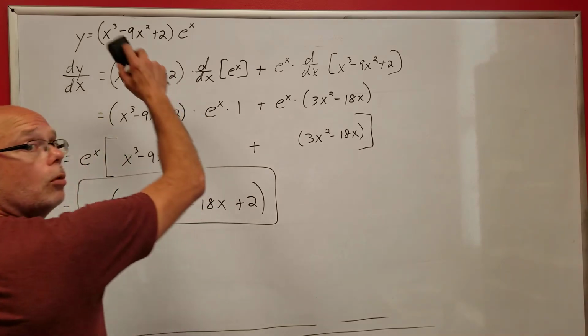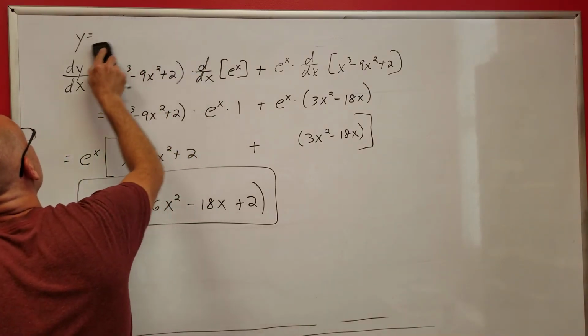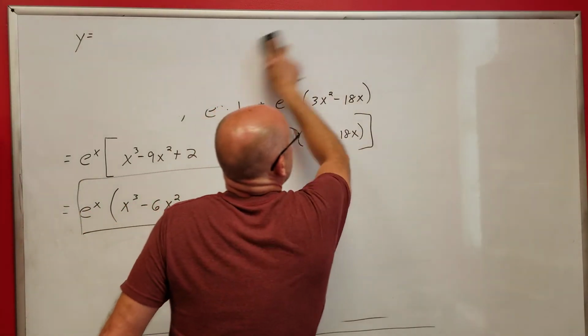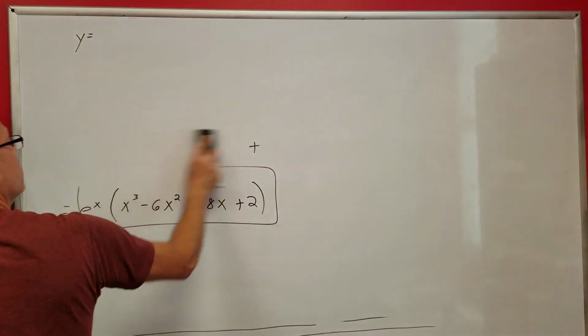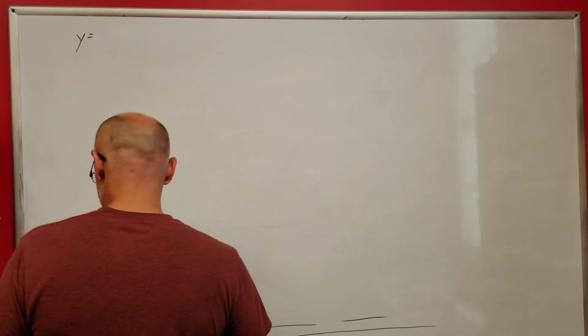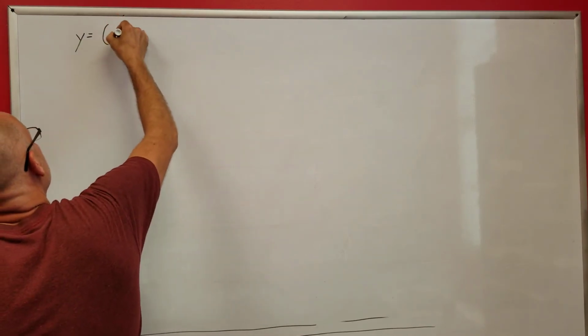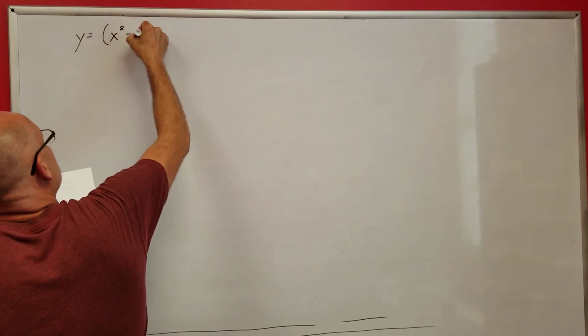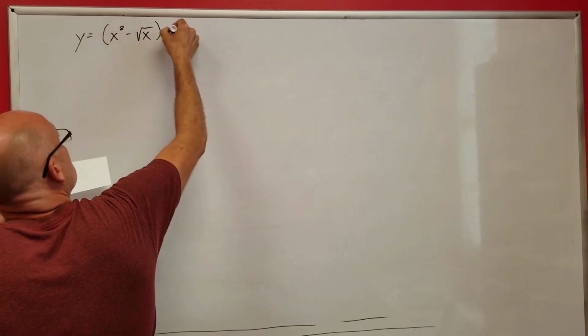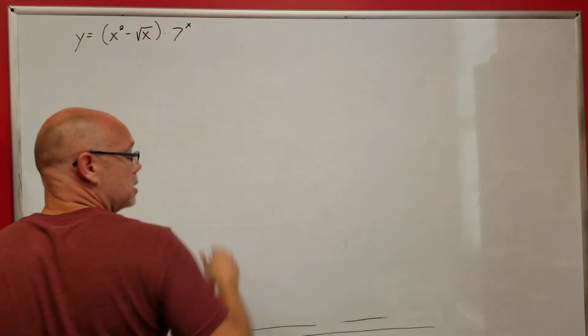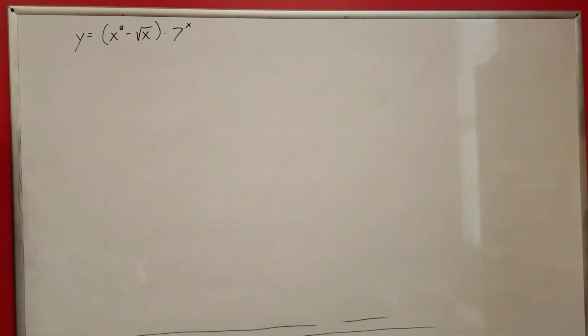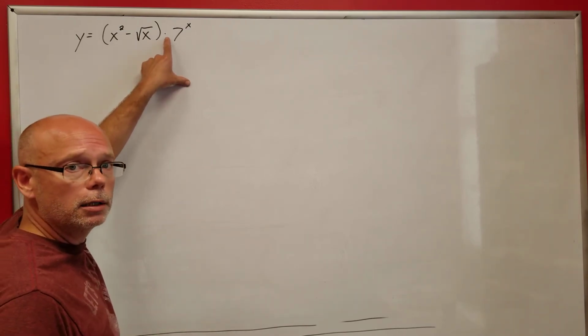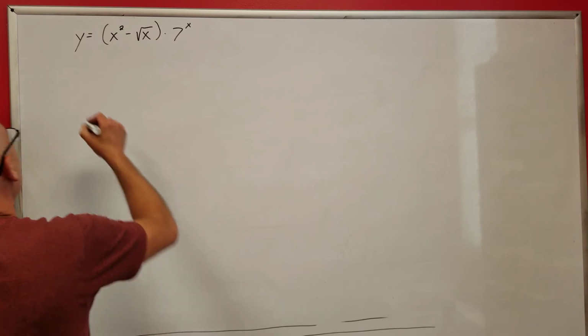And I want to look at one more here. All right, let's suppose we're told to take the derivative of y with respect to x, and this time we have in parentheses x squared minus square root of x times 7 raised to the x as my exponent. Again, I have a product, so I'm going to use the product rule.